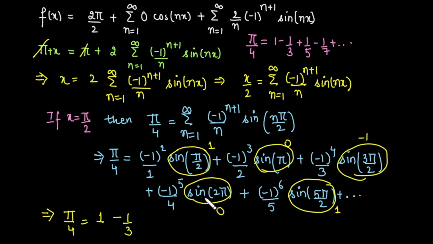Next quantity is 0. In the next case, minus 1 raised to power 6 positive by 5. But here we have positive and here we have positive 1. So this is equal to plus 1 by 5. Its next term is 0, but its next term we have minus 1 by 7 and so on. And here we have the final required series.